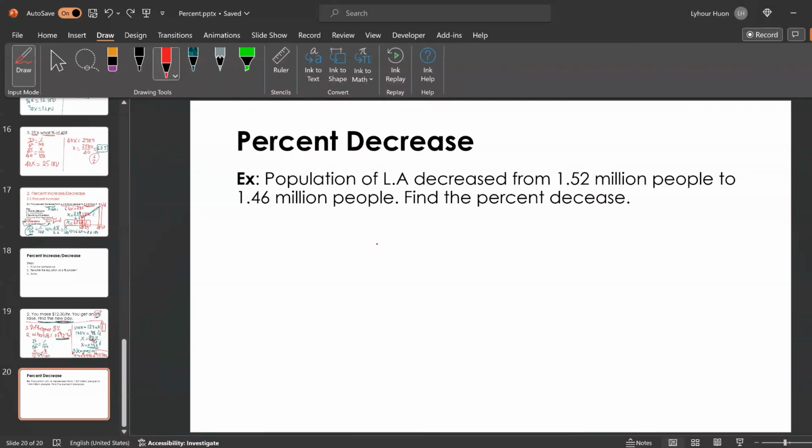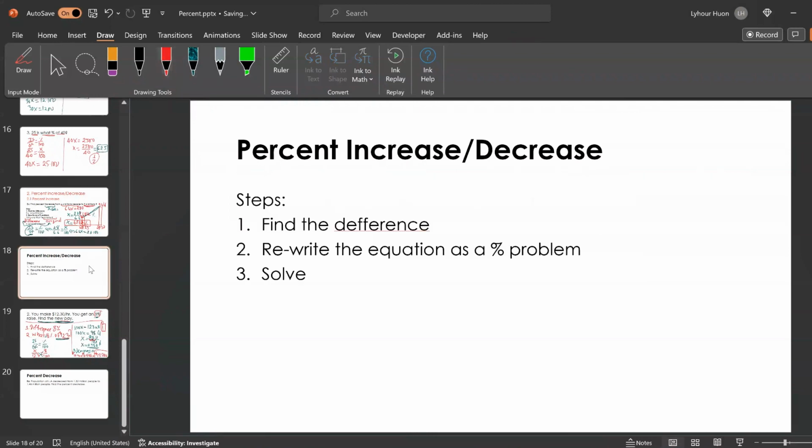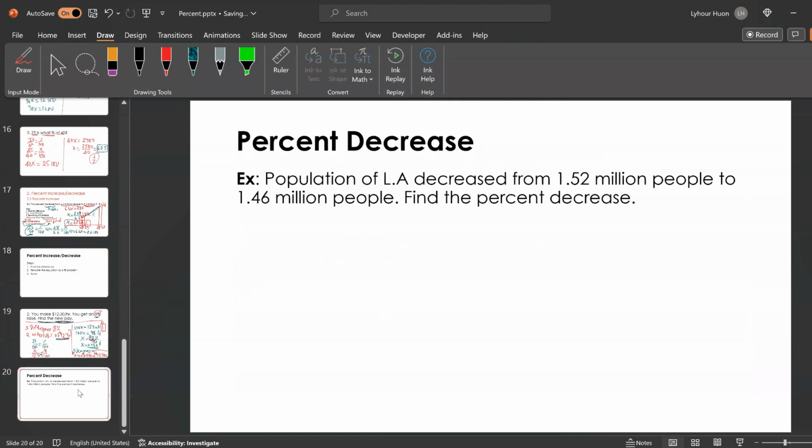For this exercise, we talk about the percent decrease. When we find the decrease, we also use this step as well. In order to find percent decrease, first find the difference.